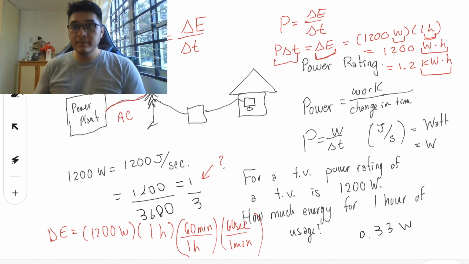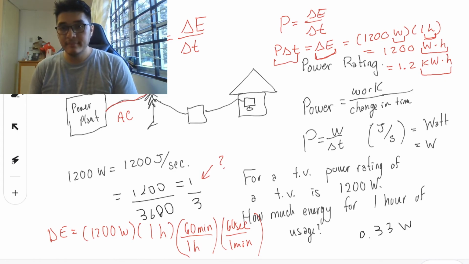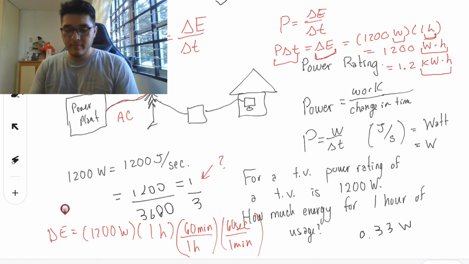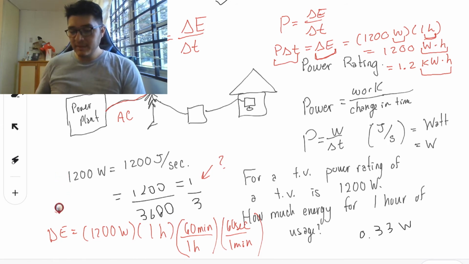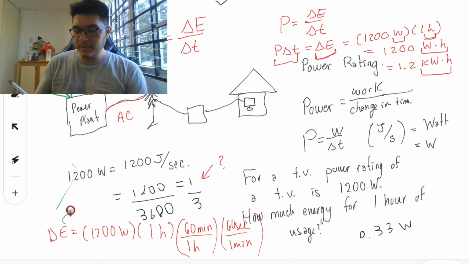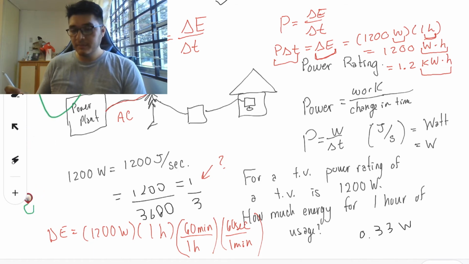Do you see the difference? Wait, what's the difference between the kilowatt hours and the second one when you multiply? Yeah, because the second one, we changed it to seconds.